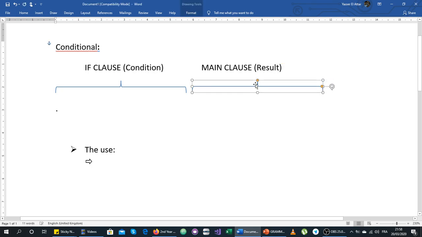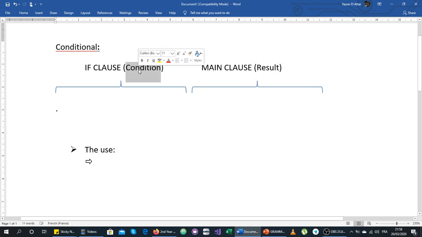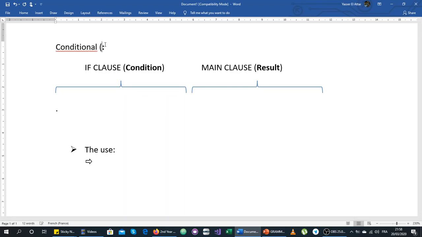So if this condition is true, what happens is the result of this. So this is the condition and this is the result. All the conditionals, which are 0, 1, 2 and 3, we have 4 types of conditional, but you are studying only conditional type 0.